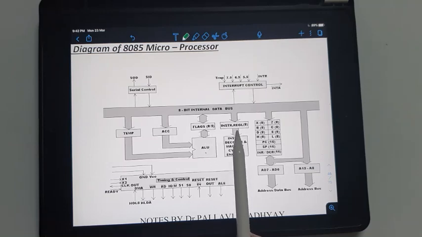Now the instruction register. The instruction register is the register where the instructions are brought while executing a program. Whatever instruction is now being executed by the microprocessor will be brought into the instruction register.